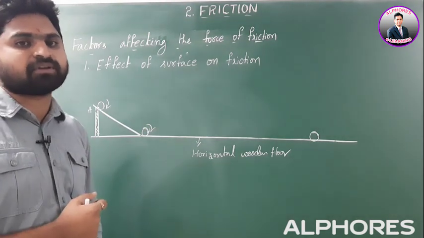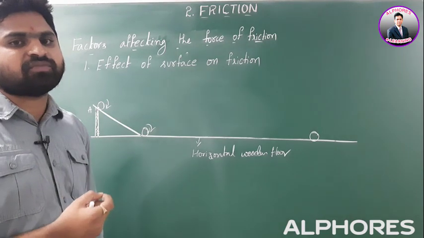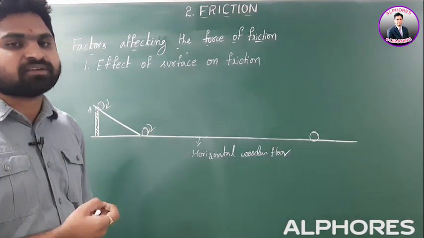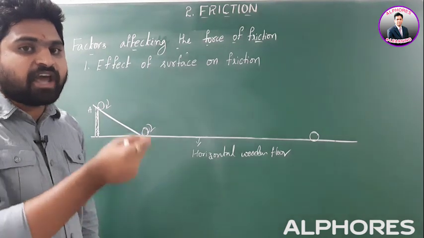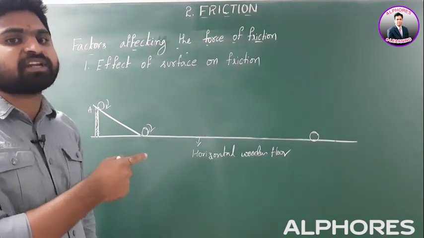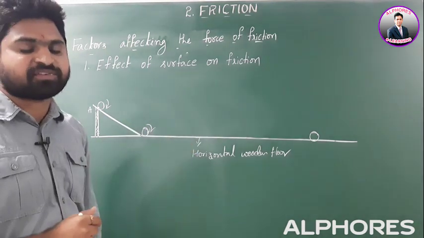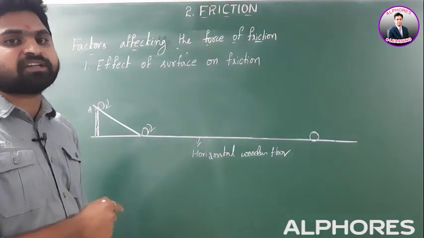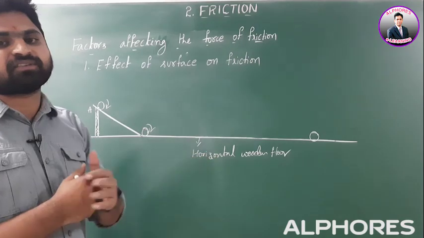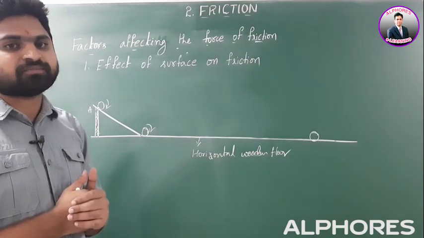Why does this happen? It is just because of the smoothness and roughness of the surface. The smoothness and roughness affect the distance travelled by the ball on the surface. I hope you understand this.